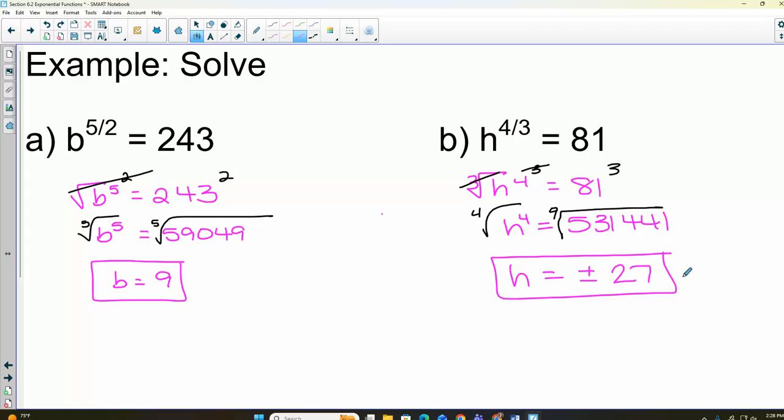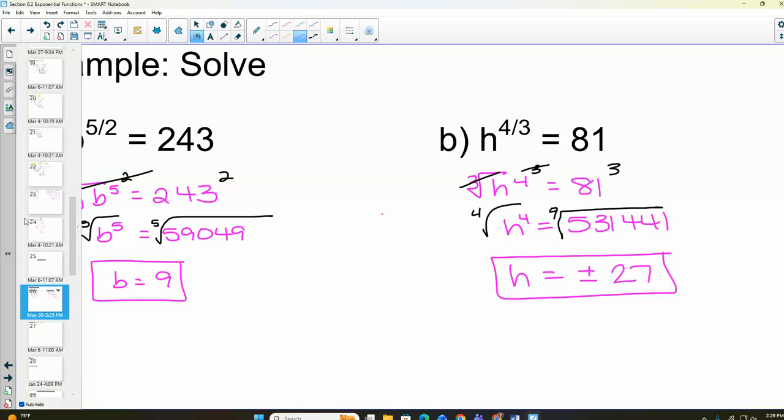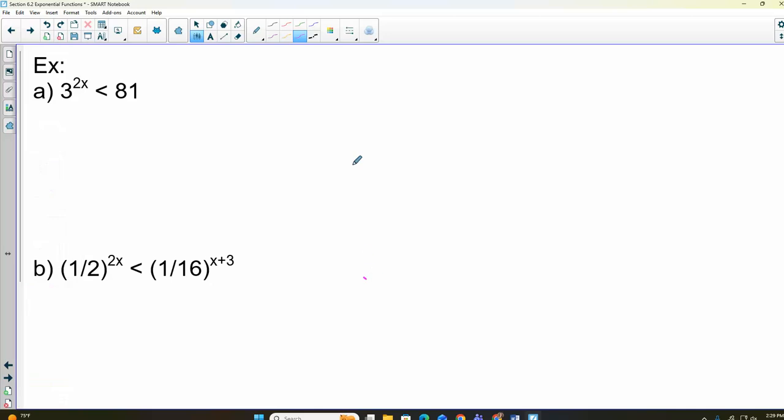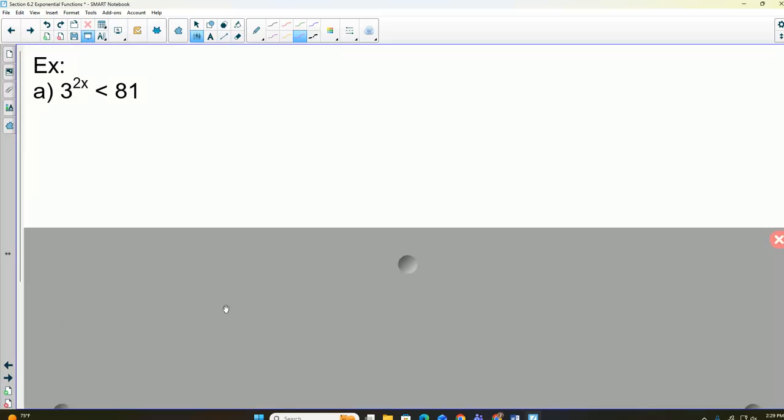Okay. Last one I want to talk about, and this I want everybody to pay attention. I want to look at inequalities, but we have to be careful on these. So, we can treat them like the equations if your base is bigger than 1. All right, let me show you what I mean by that.